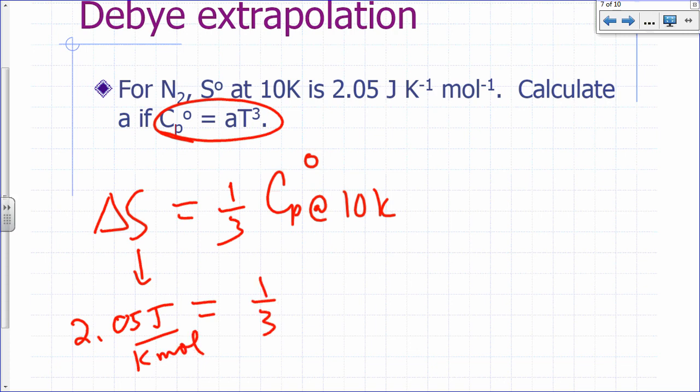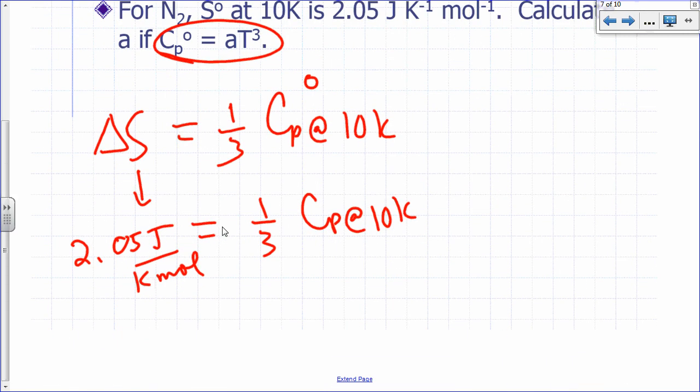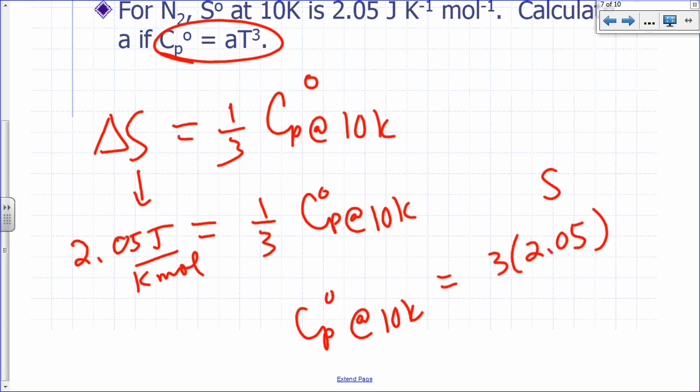And what is our Cp then? Cp at 10 Kelvin will just be 3 times the absolute entropy at 10 Kelvin. So 3 times 2.05 joules per Kelvin per mole. Okay, so 3 times 2.05, that would be 6.15.